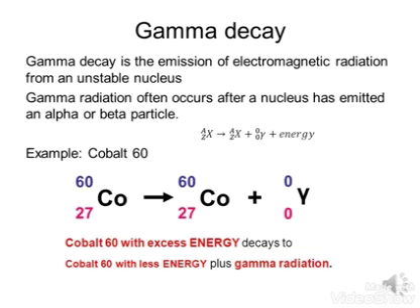Whatever is the parent atom, it will give the same daughter nucleus. Look at the example given. Cobalt-60 with excess energy decays to cobalt-60 with less energy plus gamma radiation.